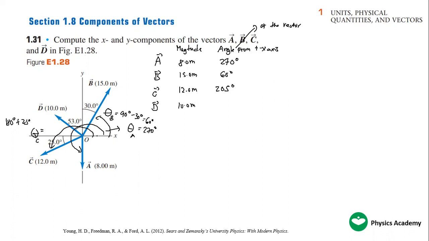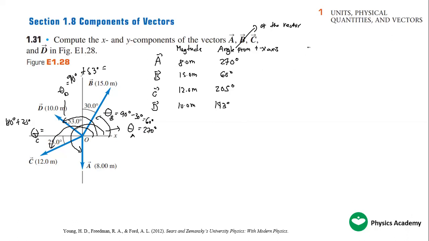For theta D, it is 90 degrees from positive x to positive y, plus 53 degrees. So 90 plus 53 degrees is 143 degrees.